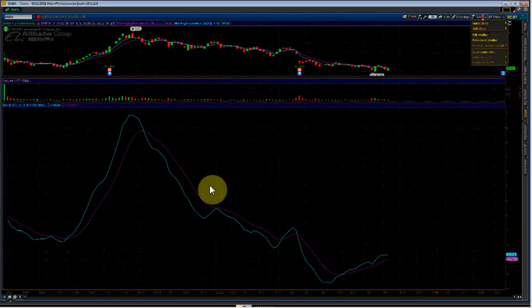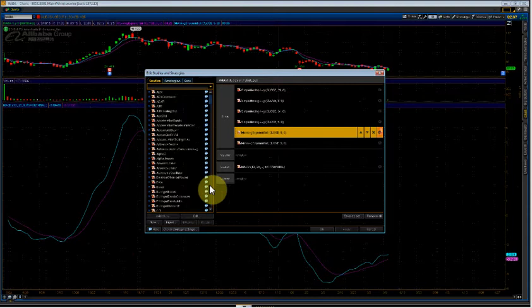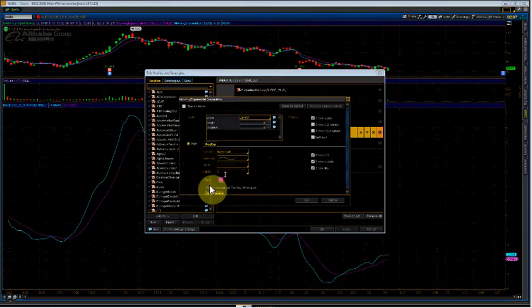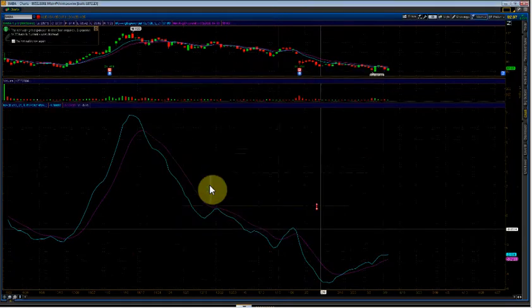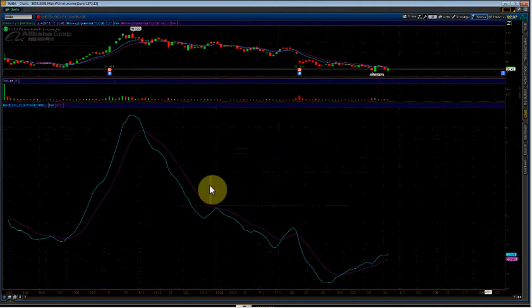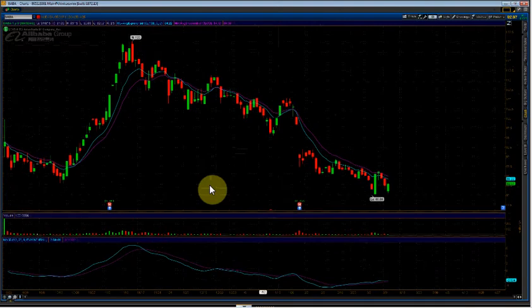So basically, what that's telling me is that if I came into my studies and used exponential moving averages of 9 to match the blue one and 14 to match that purple one, you would think, with the definition of the MACD that I just read, that these would correlate extremely well to each other.